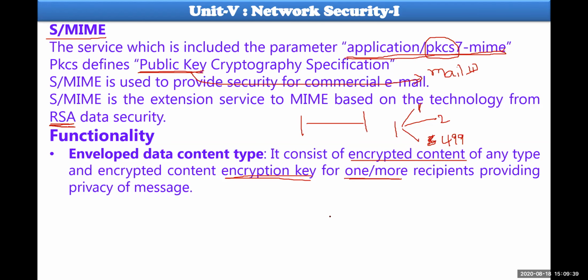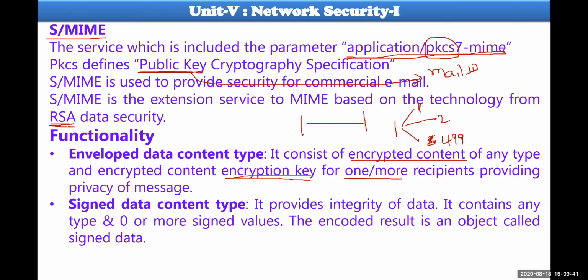The second one is the signed data content type. Let me show you how this happens at the end of this class, how this signing happens. It provides the integrity of data. Integrity means data is not lost anymore.